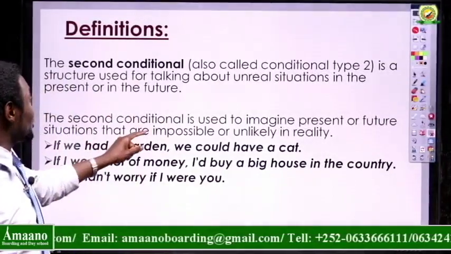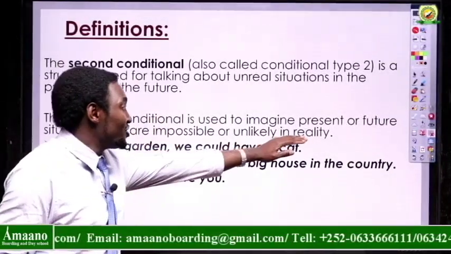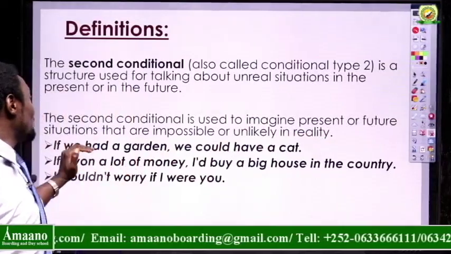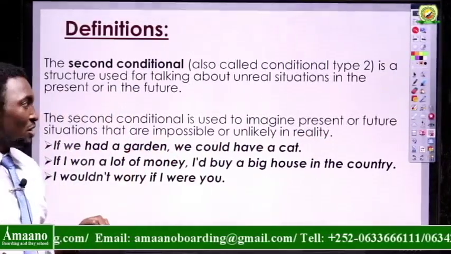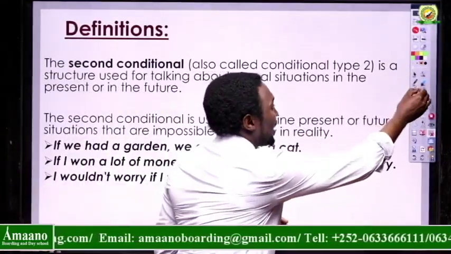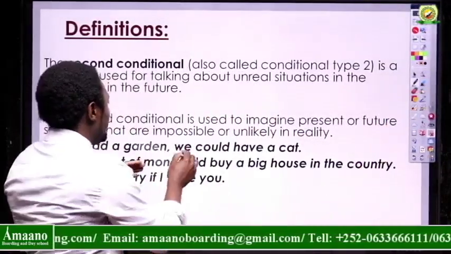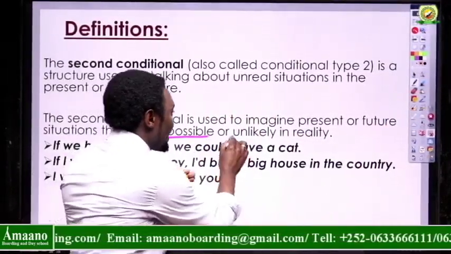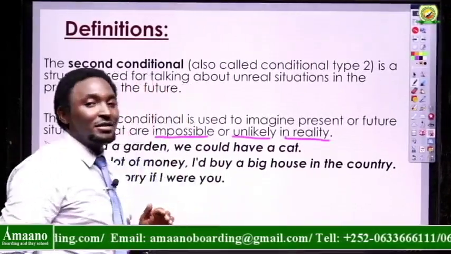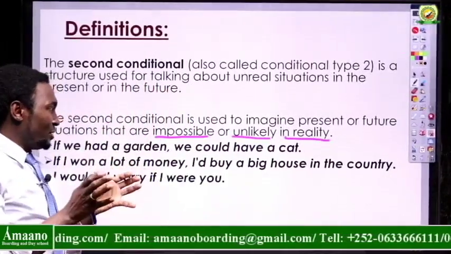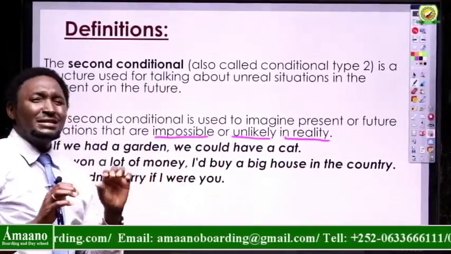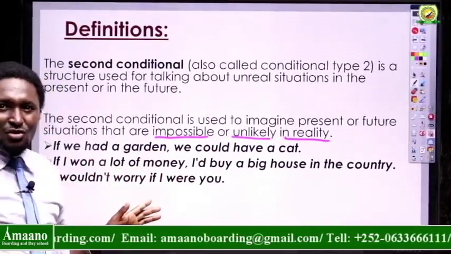The second conditional is used to imagine present or future situations that are impossible or unlikely. Impossible or unlikely in reality. So unreal, impossible, or almost unlikely to happen.